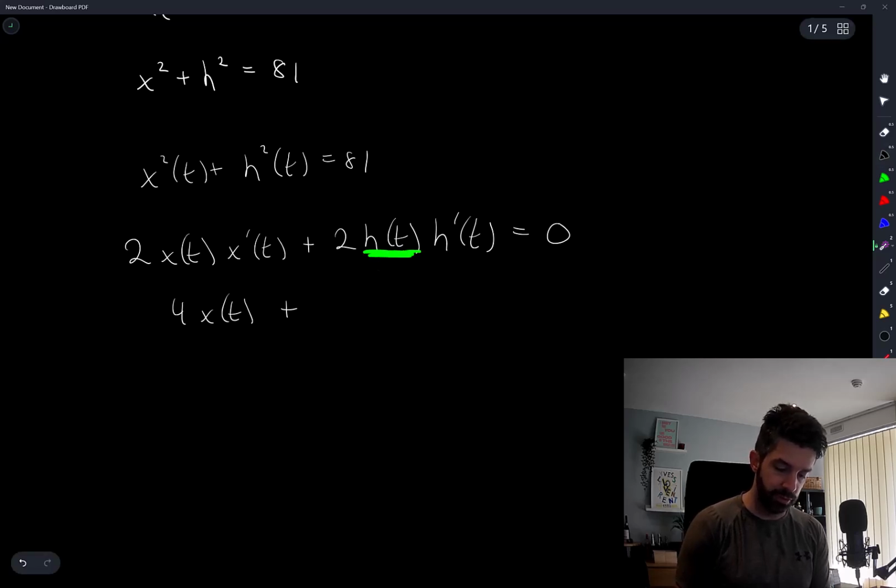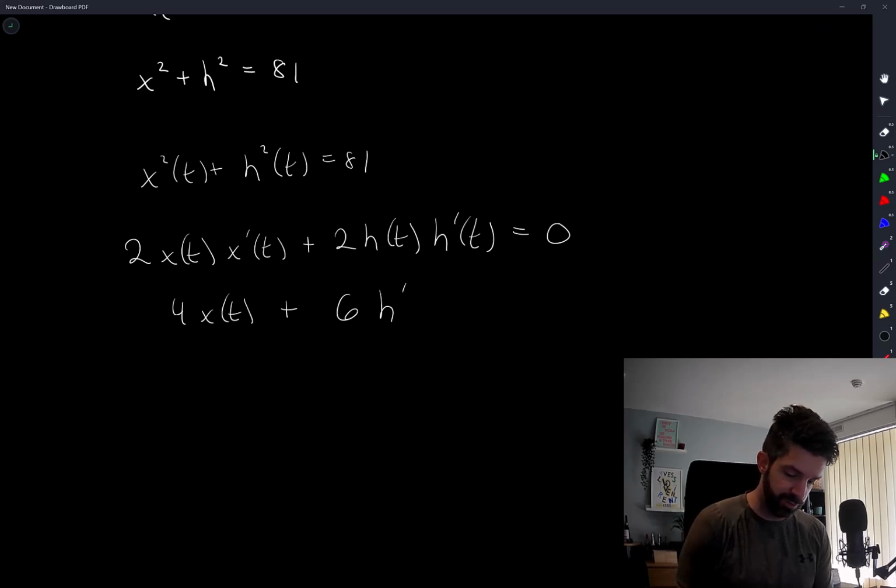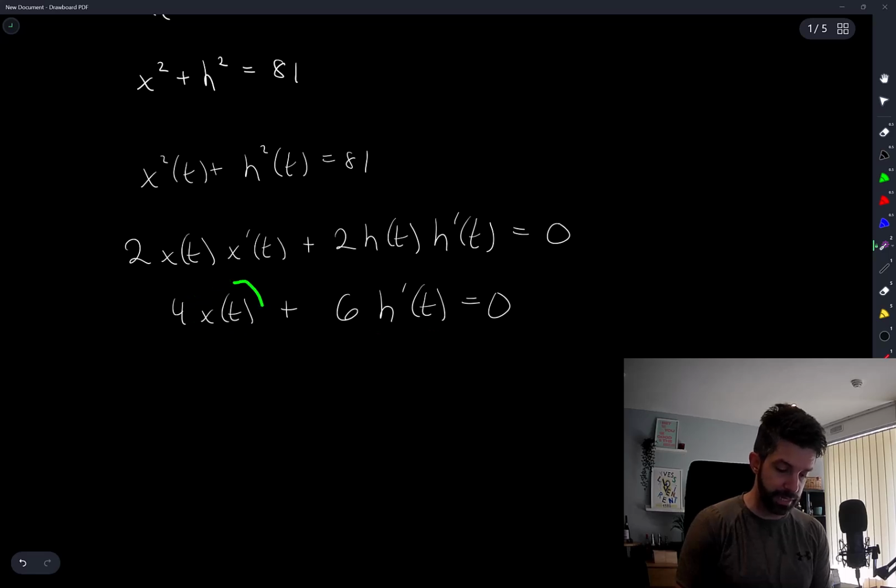So h of t is going to be equal to 3. This is equal to then 6 h prime of t. Now I want to solve for h prime of t, but also we're going to have to solve for x of t, knowing that this is always true.